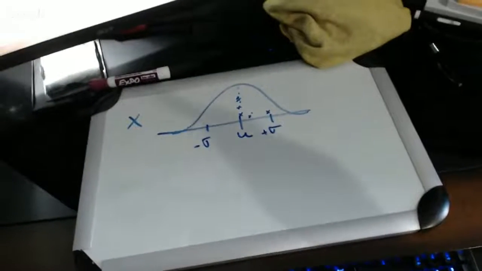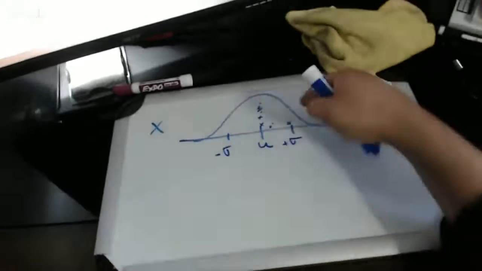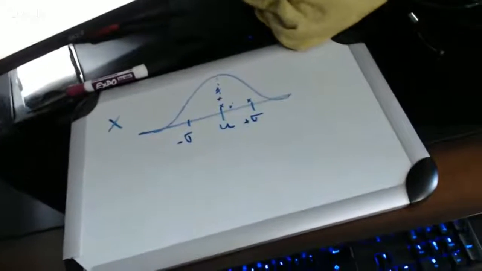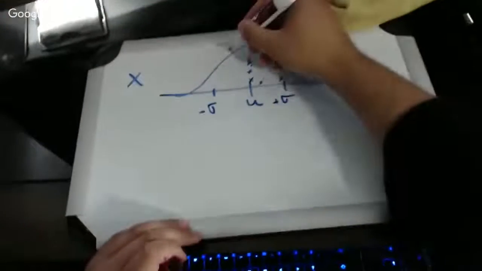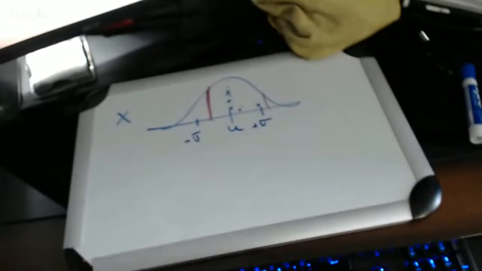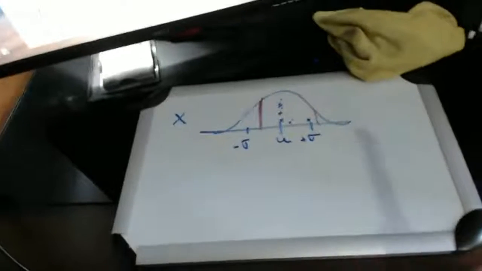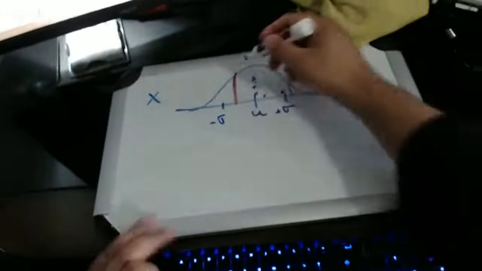I can use this to tell you the probability that, if I grabbed a person at random, they have an IQ score between this point and this point. And I can use z-scores to calculate that probability. But that is the probability of an individual person being in this range.